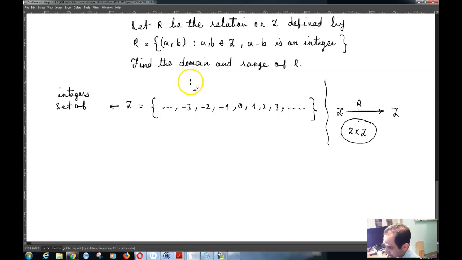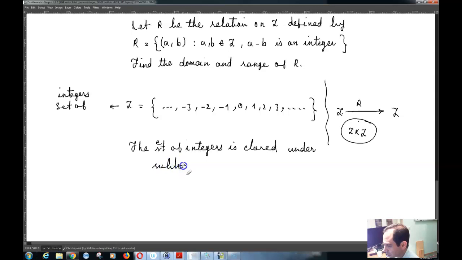So that means that, for example, you know that the set of integers is closed under subtraction, meaning that you take any number from the set of integers and you subtract from that any other number from the set of integers, and the result is going to be some number from the set of integers.